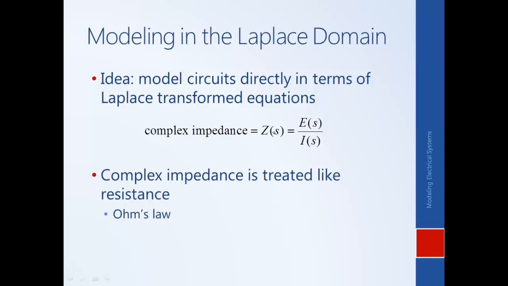Whereas resistance was voltage divided by current, impedance is also voltage divided by current, except here the voltage and the current aren't constants, they are dependent on frequency. Because of this adherence to an Ohm's-like law, we can also combine the impedances of components in series and in parallel the same way that we generated equivalent resistances of resistors in series and parallel.